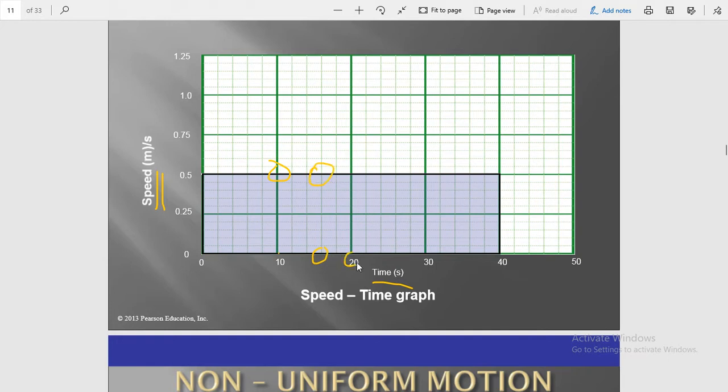Similarly at 20 this will be the same. Similarly at 25 this will be the same, and for other time intervals. So you can see this line is straight and parallel to the x-axis. This shows that the motion is uniform and the speed or velocity of the object is constant throughout the motion.